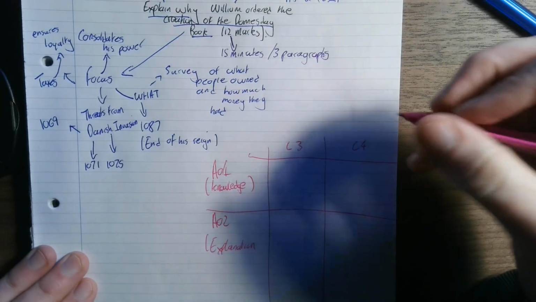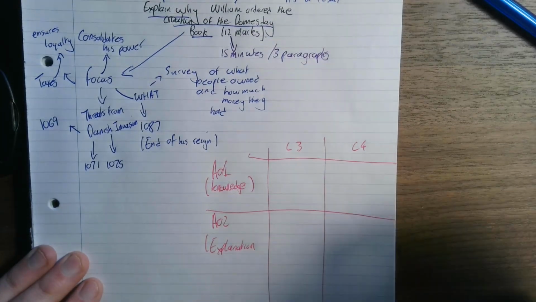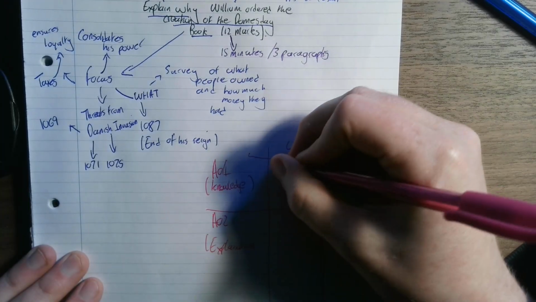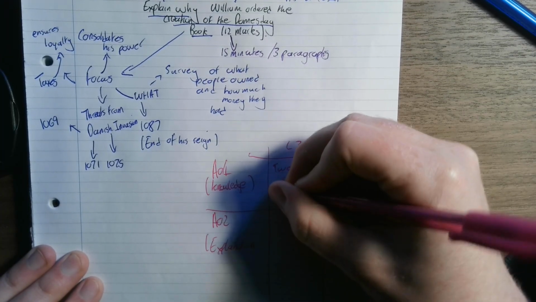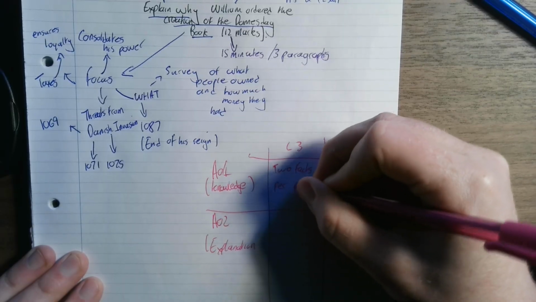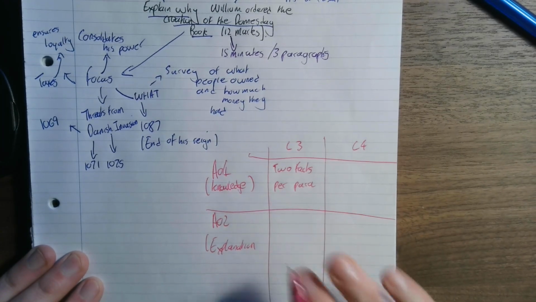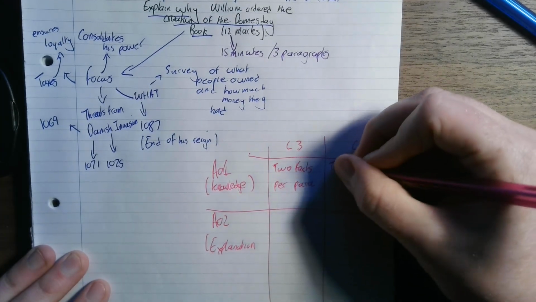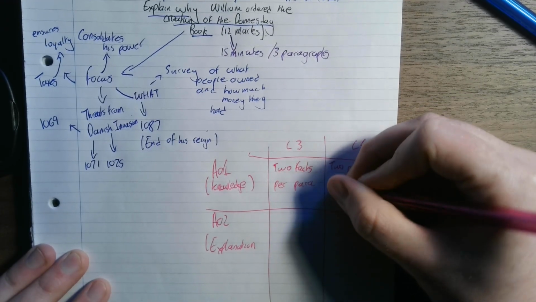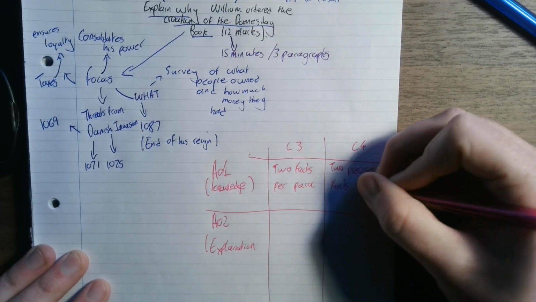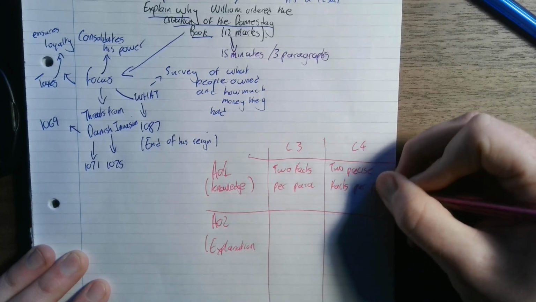Firstly, what I need from you is 2 facts per paragraph. That's for level 3. For level 4, you need 2 precise facts per paragraph.